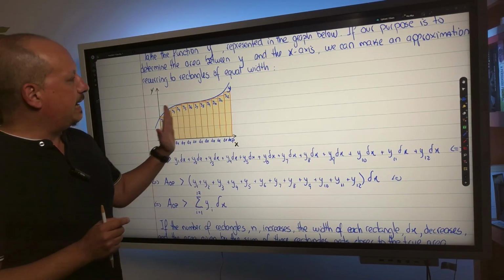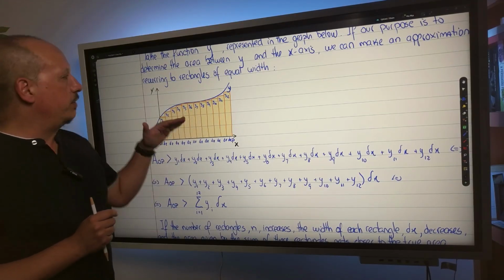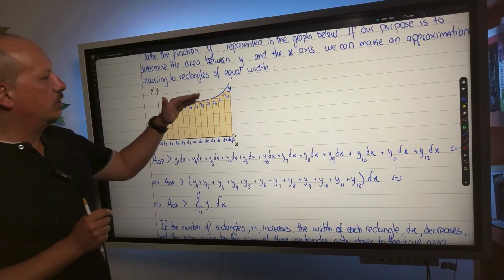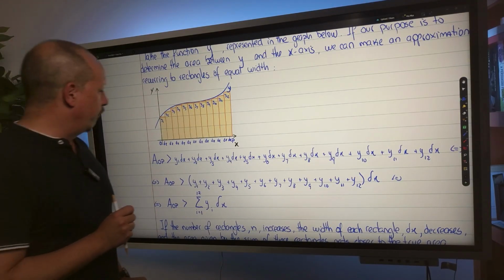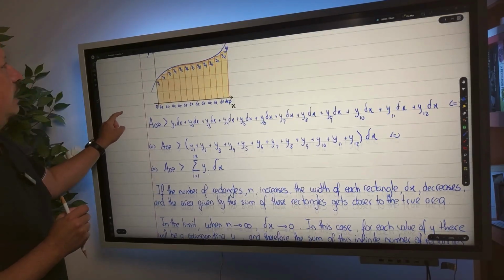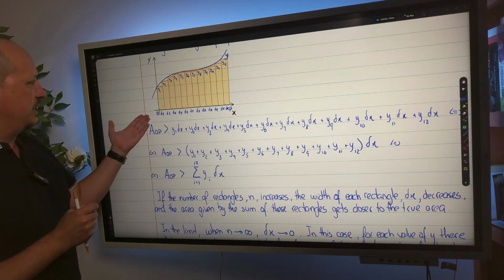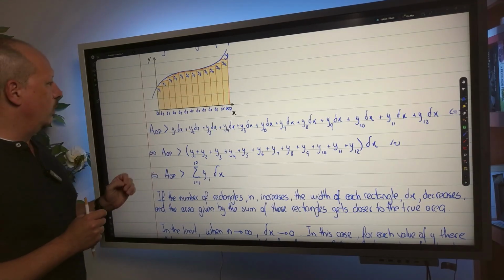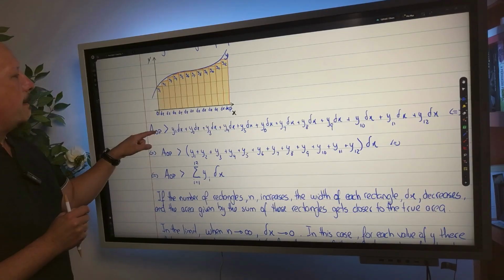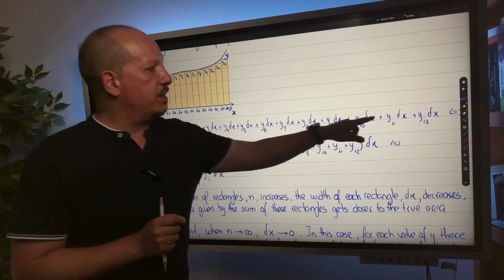And if you add the areas of all these 24 rectangles, the overall area is going to be closer to the real area that you are looking for. All right? But one thing is for sure, no matter how many rectangles you use, the area that you are looking for, which is the actual area between points O and P, is always going to be a little bit bigger than the sum of all these areas of these rectangles.